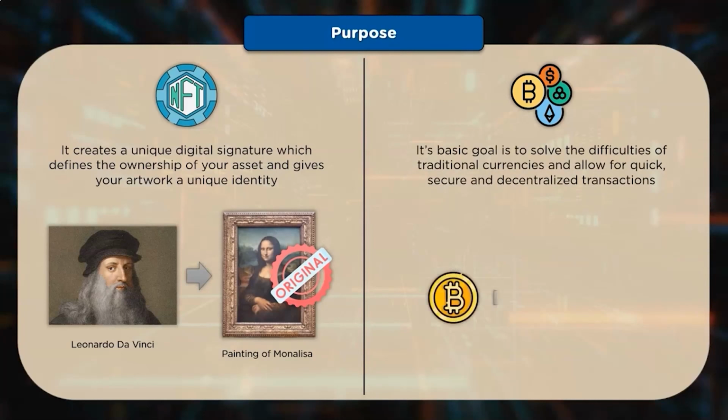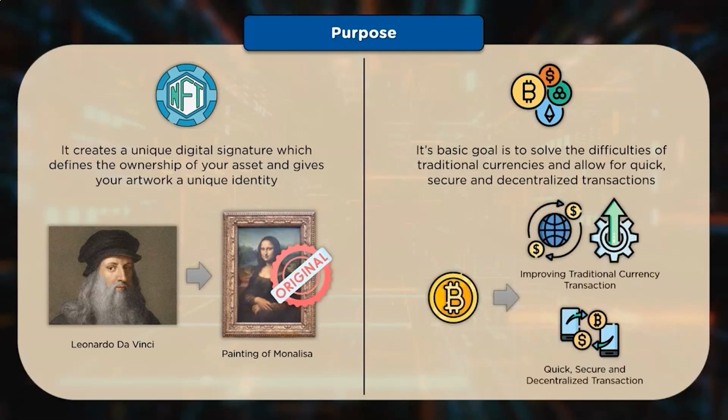Cryptocurrency, on the other hand, like traditional currencies such as the US dollar, is a medium of exchange designed to exchange digital information and solve the difficulties of traditional currencies by allowing for quick, secure, and decentralized transactions, as well as the purchase and payment of goods and services.